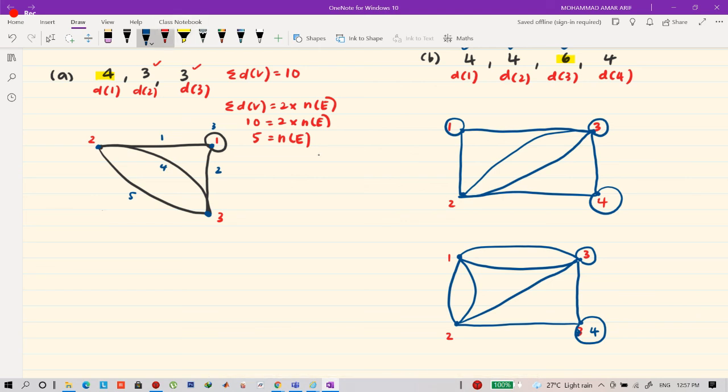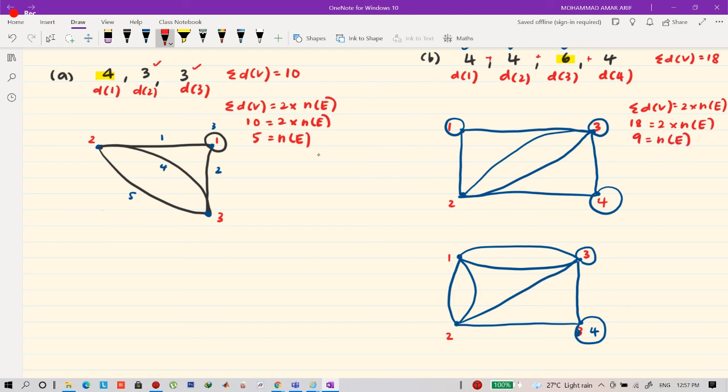So nak check betul tak kita punya laluan kita. So kita punya summation of vertices akan dapat 18. So summation of vertices, macam mana saya dapat 18? Tambahkan semua ni. So dia adalah 2 darabkan dengan number of edges. So 18 sama dengan 2 darab dengan number of edges. 9 sama dengan number of edges.